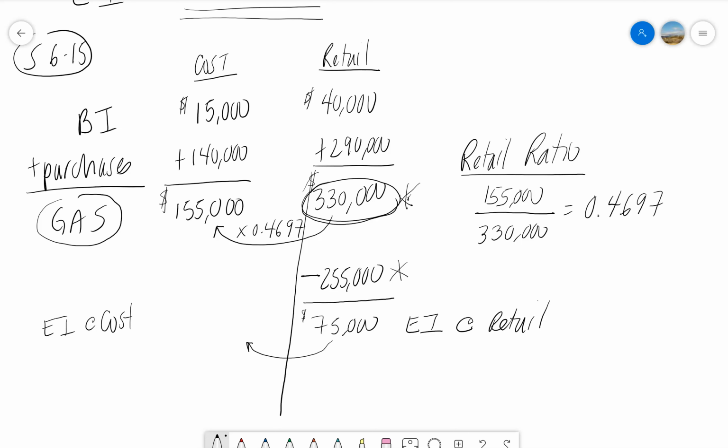And all we have to do now is multiply the 75,000 by the 0.4697, and our ending inventory at cost is going to be 35,228. So that's the answer to the estimated cost of ending inventory. So that's the retail method of how to estimate ending inventory.